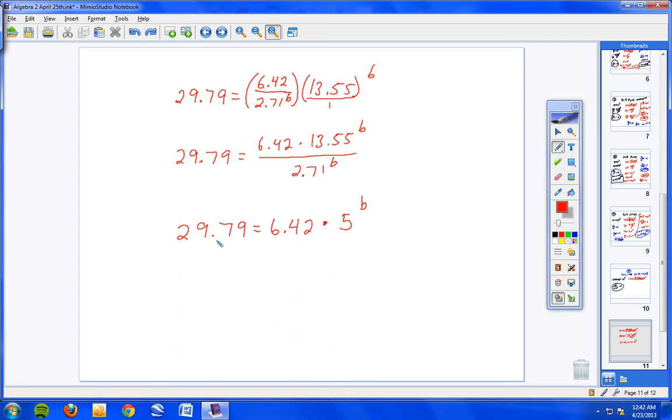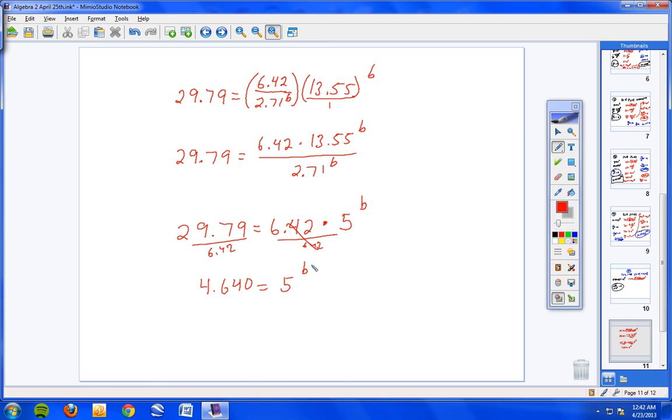Well, if you take 29.79 and divide it by 6.42, you get 4.640. So 4.640 equals 5 to the B power. Okay? I divided this side by 6.42, those canceled out, and I divided this side by 6.42.